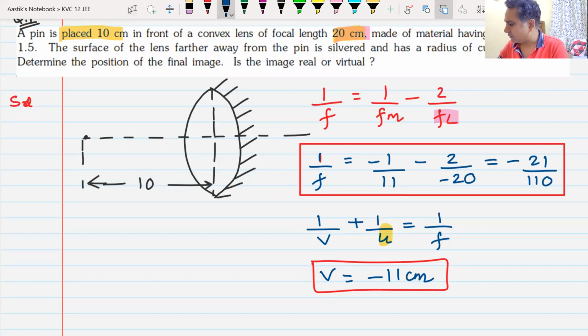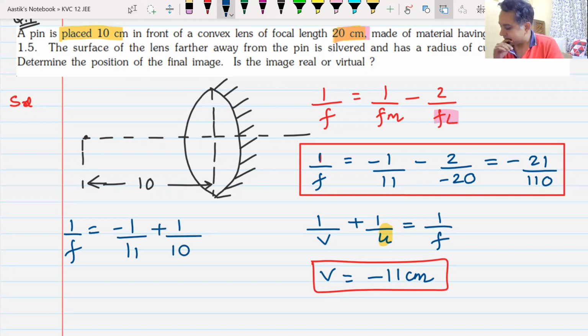Let me calculate it. 1 by f is equal to minus 1 by 11 plus 1 by 10. Yes, I've made a mistake. Focal length should be taken as plus 20, no?